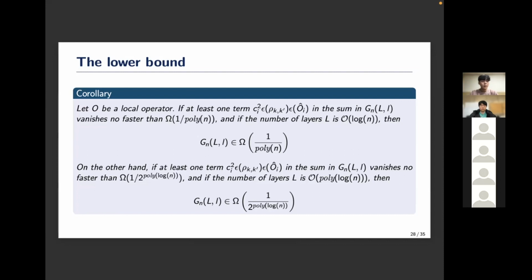If at least one term in the sum in Gn L, L vanishes no faster than the inverse of 2 to the polynomial of log n, and if the number of layers L is a polynomial of log n, Gn L, L is as following. It vanishes slower than exponentially, but faster than polynomially.